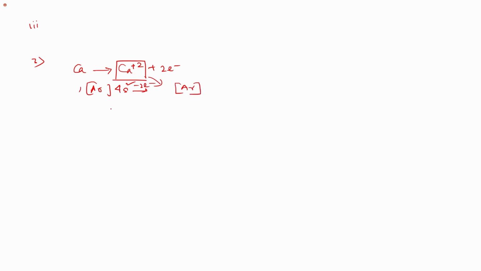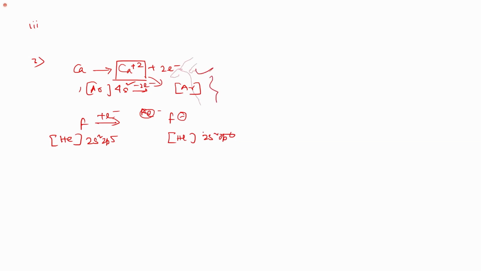That's why we are saying, like fluorine, when it gains one electron, it forms the F minus anion. Now fluorine has the electronic configuration helium 2s2 2p5, but F minus has the electronic configuration helium 2s2 2p6. So that's why we are saying the highly electropositive and the highly electronegative atoms are both separated by this noble gas.